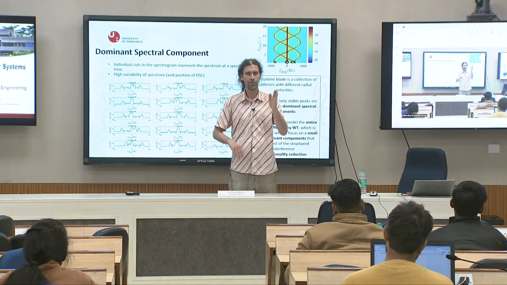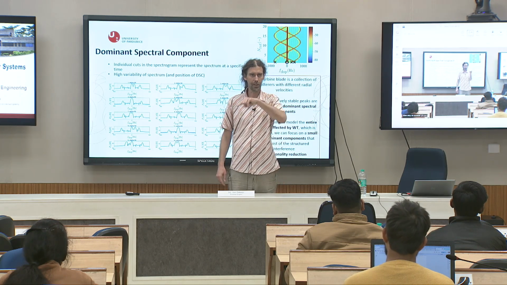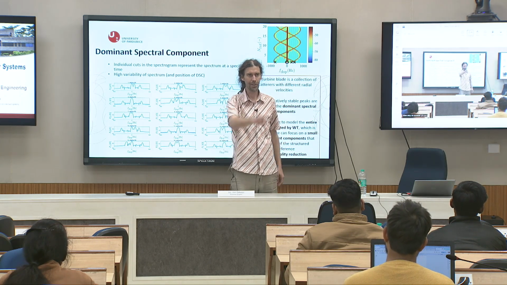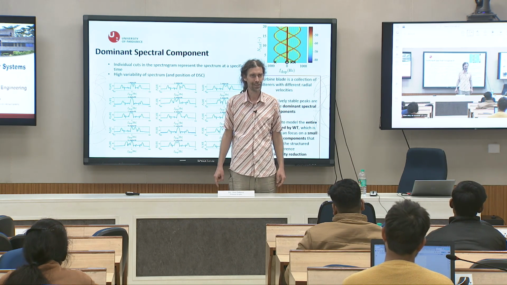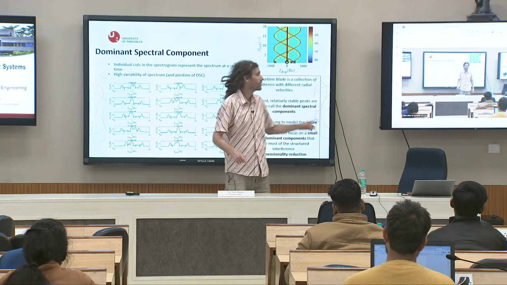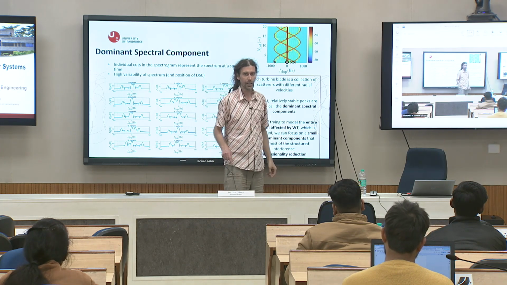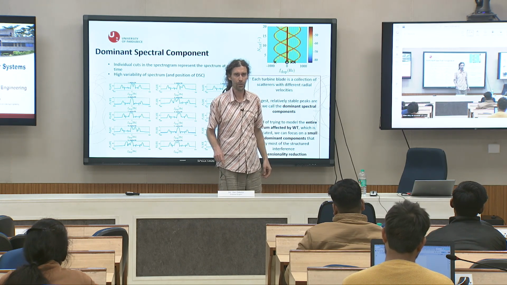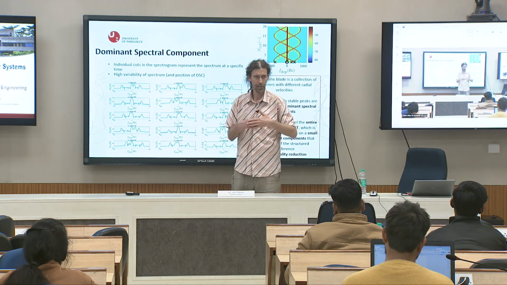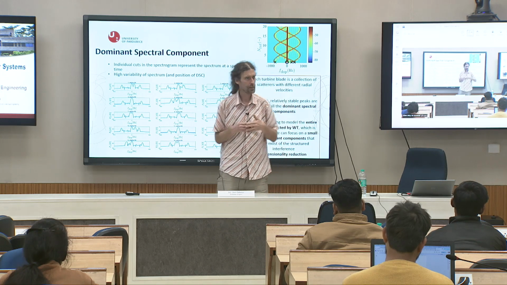Why? 3 blades. What is the angle difference? 120 degrees. It is a classic example where you can relatively easily simplify a problem of almost infinite reflectors.